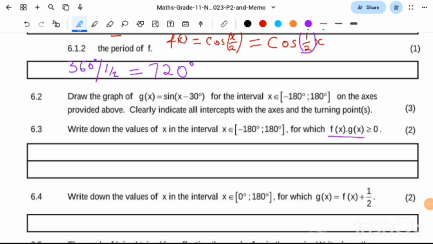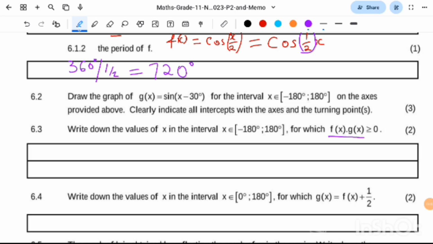What do they mean? They mean to write the values of x where both your graphs are positive or both your graphs are negative. That is, where both your graphs are above the x-axis or both are below the x-axis.